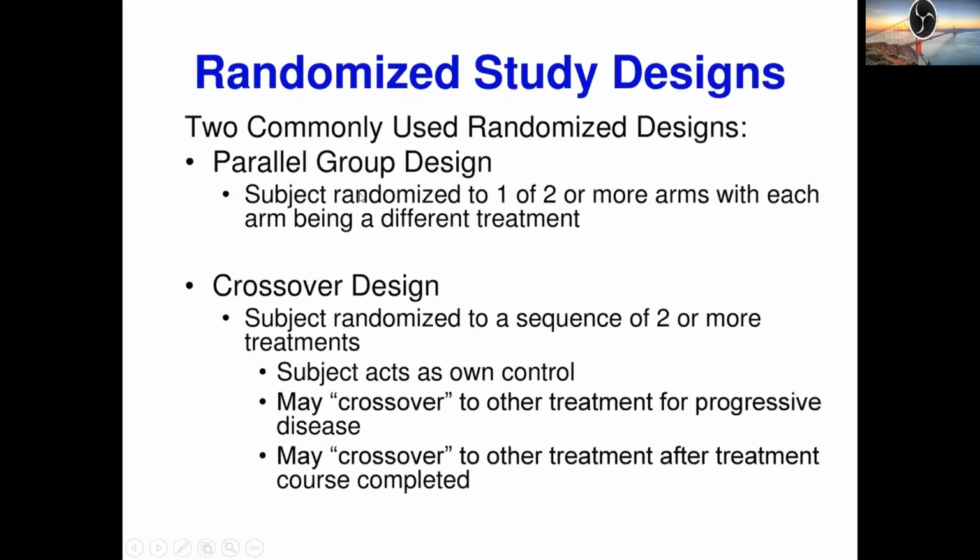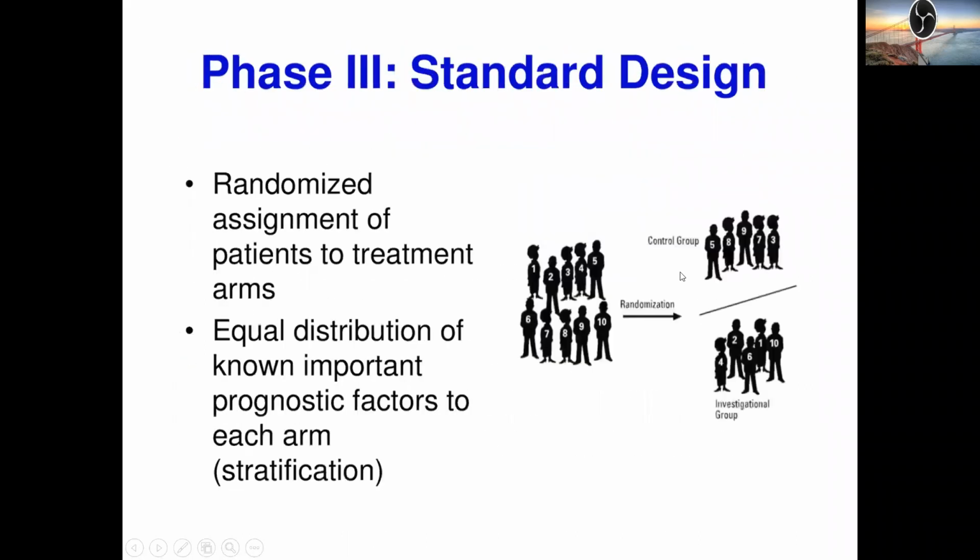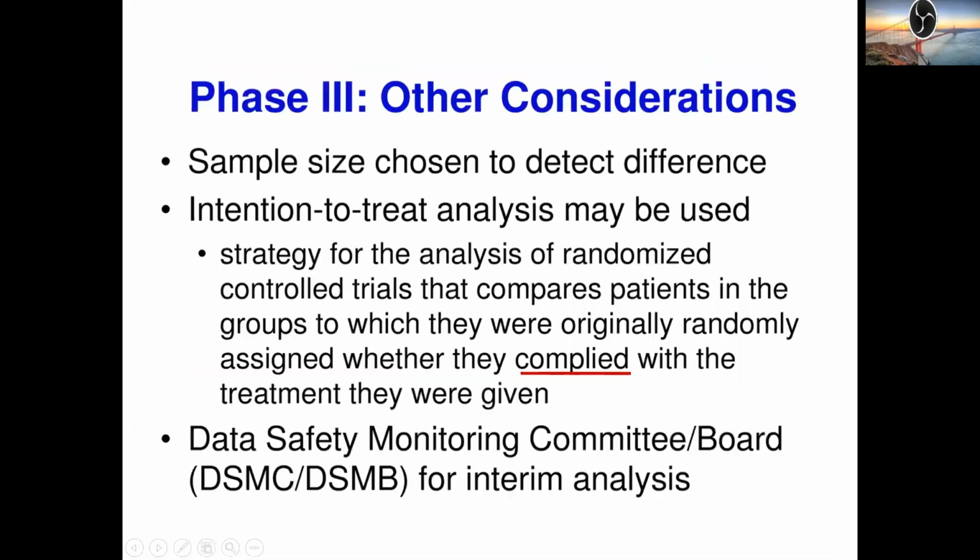The different types of study designs normally used in phase 3 clinical trials are, first, the parallel group design, wherein the subjects are divided into two groups. Here we can see one group here, one group here. One group receives the standard treatment, the other group receives the investigational treatment. In the crossover design, the drug is given to a specific group of patients, and after a period of time, the same group of patients receives the other standard treatment.